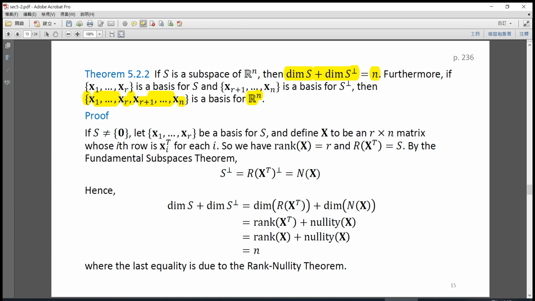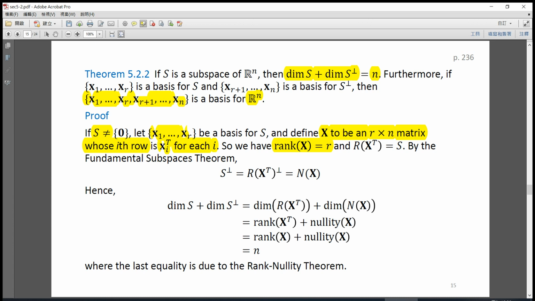First, we will prove the first statement. If S is not equal to the set containing only the zero vector, and we let x_1, x_2 up to x_r be a basis for S, we define X to be a matrix of dimension r times n, whose ith row is x_i transpose for each i. Then we will have the rank of X equals r, because x_1, x_2 up to x_r are linearly independent.